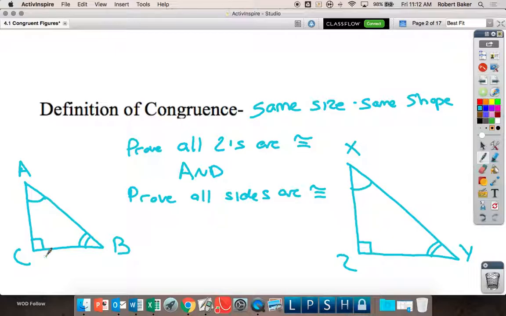And they have to prove all the sides are congruent. So we can say this side is congruent to this side. This side is congruent to this side. And this side is congruent to this side.